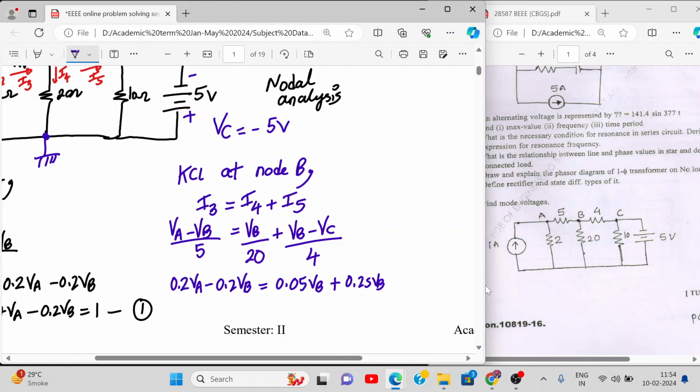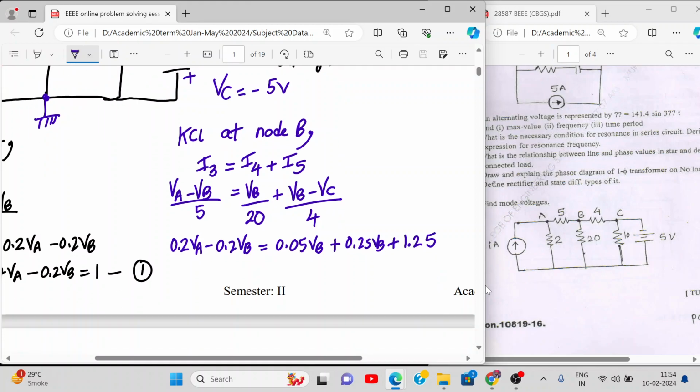Is it 1.25? Yes. Okay, so 0.2 VA minus, so club these all together, so we have minus 0.2 minus 0.05 and 0.25. How much is it coming? Half, right?